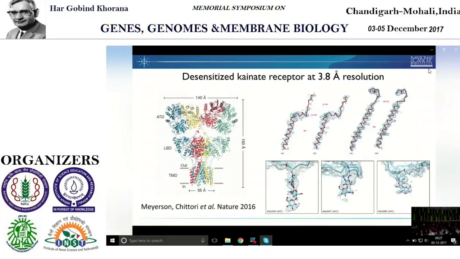And the work we reported last year is also technically significant because not only is it the first, and to my knowledge, the only atomic resolution model for the desensitized state of a glutamate receptor, we also showed that we could visualize densities for carbohydrates that you see on the lower right. Each of those are N-linked sugars that we can visualize density for directly close to the protein.